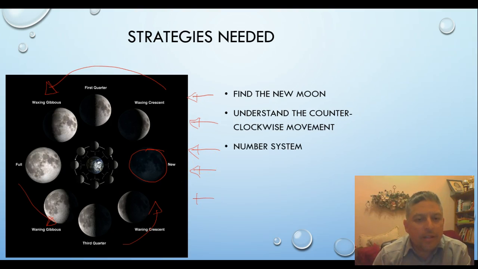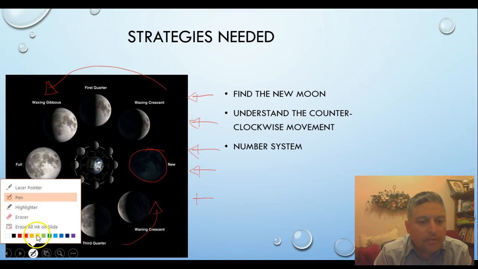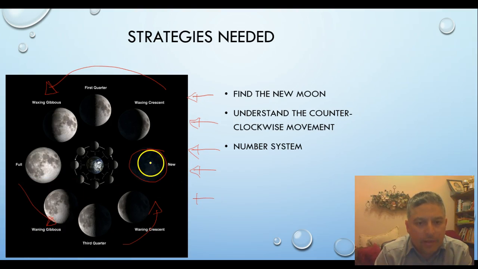We are going to be using a numbering system. Every time we use a numbering system, I want you to keep in mind that the first moon is always going to be your new moon. So find the new moon first, always, and then from there you can start numbering. So the new moon is number 1.